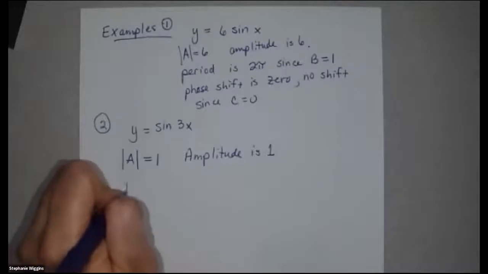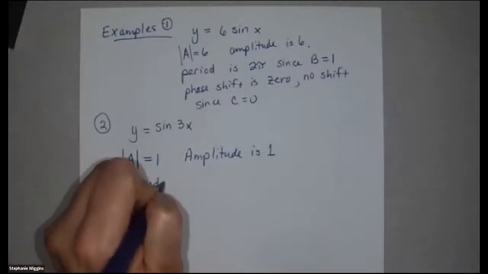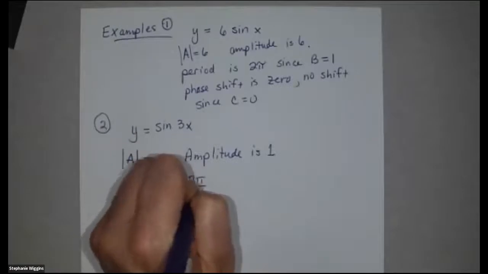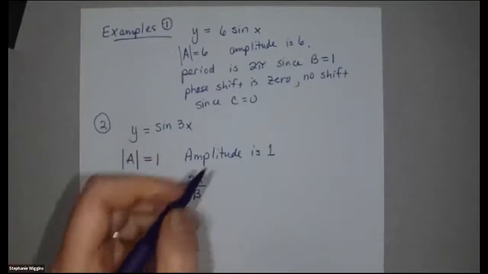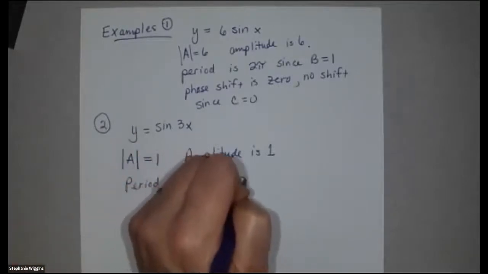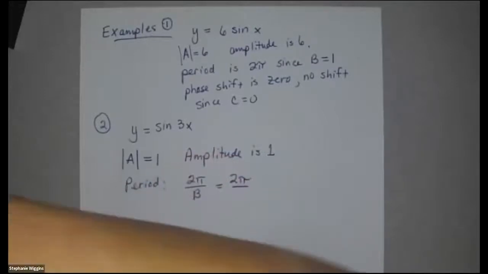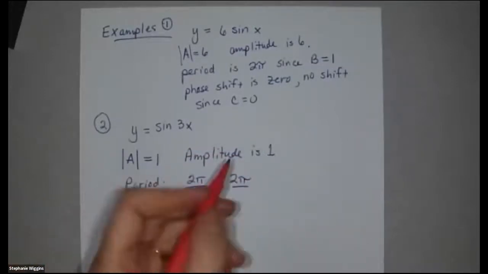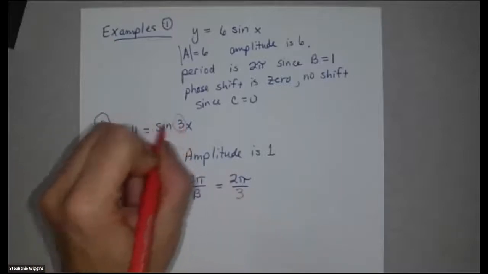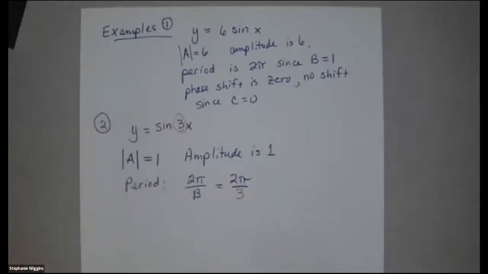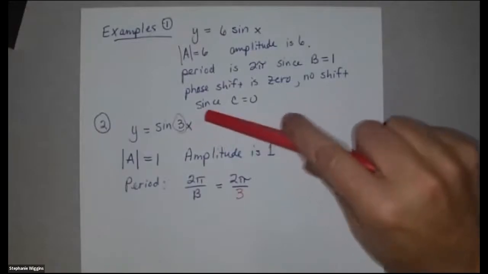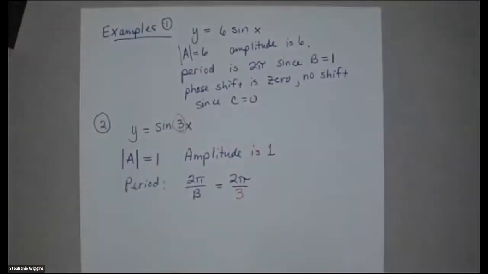The period, remember, is 2 pi divided by B. Well, in this example, B is 3. Okay, that's your B. So 2 pi over 3 is the period. There, again, there is no phase shift because we have not added or subtracted any constant here, okay?